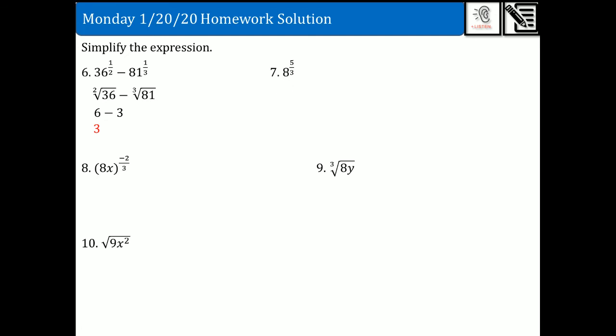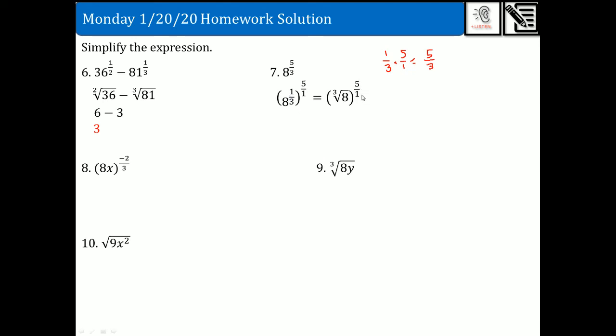Next one, I want you to review. We have 8 to the 5/3 power. This can be broken up into two fractions, 1/3 and 5/1. You don't see that? I can show it to you here. 1/3 times 5/1 is the same thing as 5/3. We split it so we can simplify it because we know what the cube root of 8 is inside the parentheses.